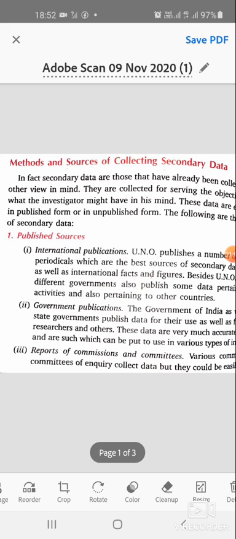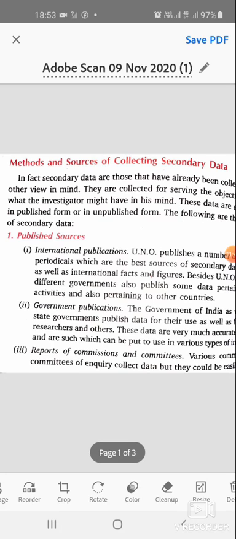Let us first discuss the published sources. Published sources are in the form of books, written form, that is, more in print media. If we classify the published sources, the first one is international publication. We have different agencies of the United Nations, like WHO, International Labour Organization, FAO, and IMF, the International Monetary Fund.